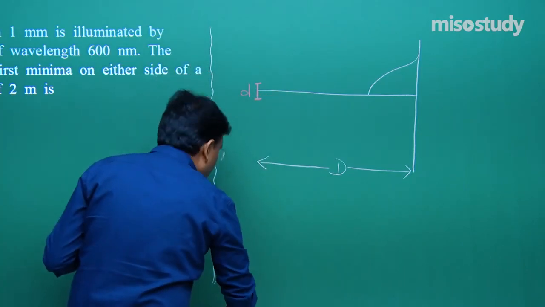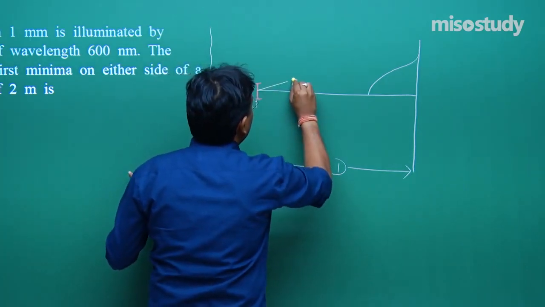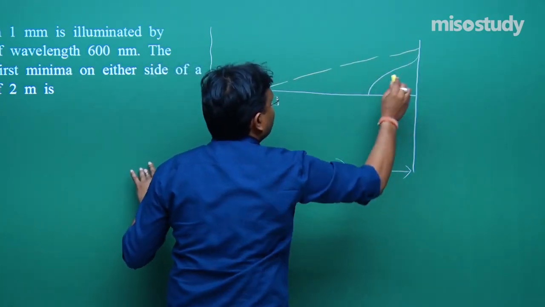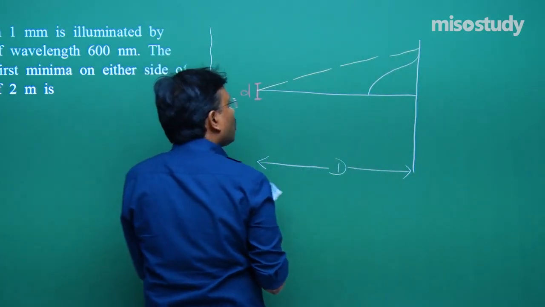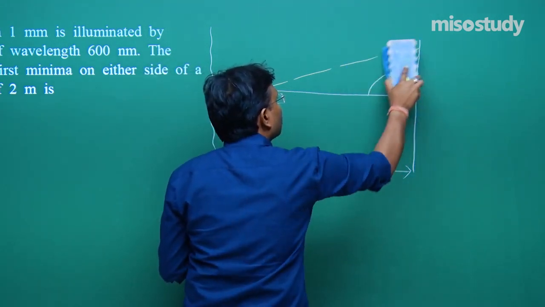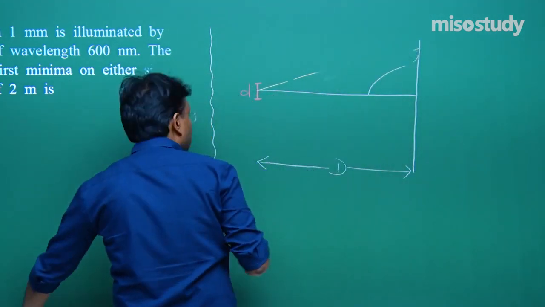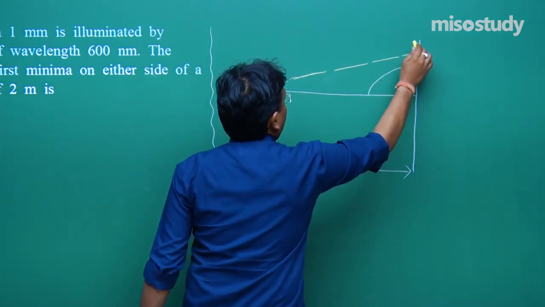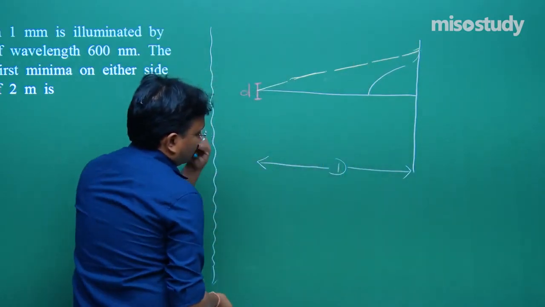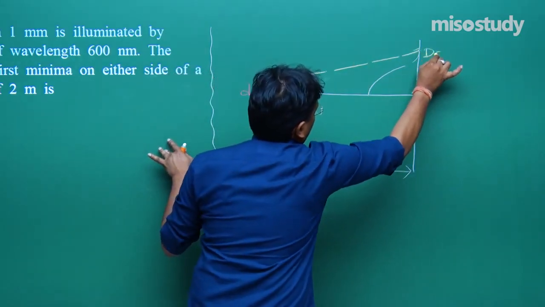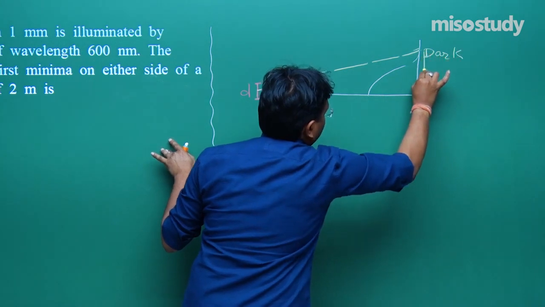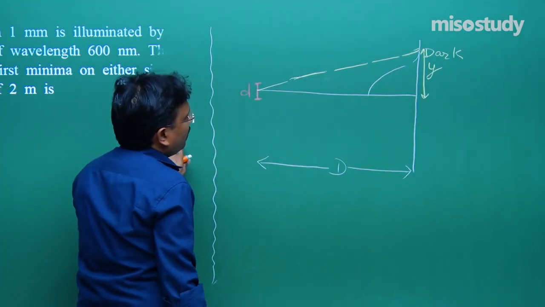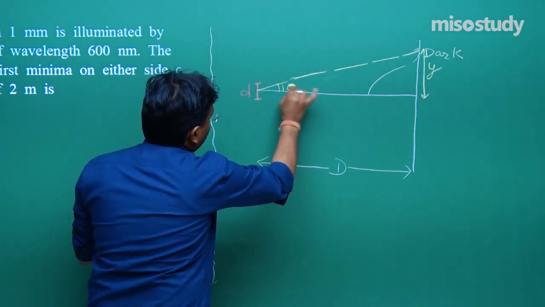And from here just match this point. This is basically what? This is minima point. I think I should make it more clear. Yes, this is the first minima point. Okay, dark point. I should mention it, dark point. Again you can say it is y, no problem, fine, and this angle is theta.